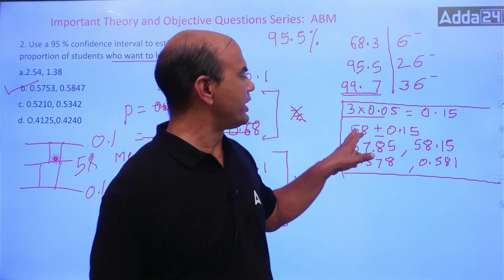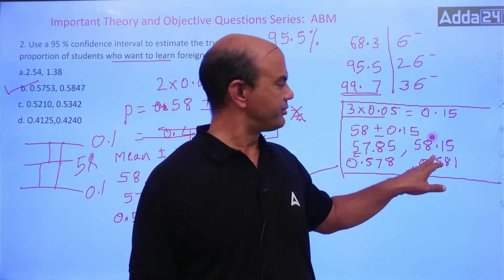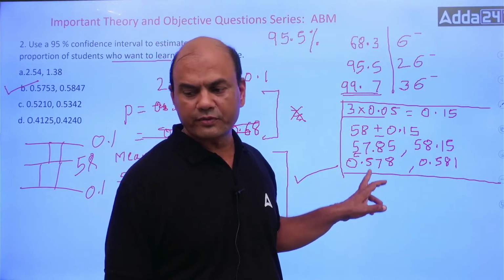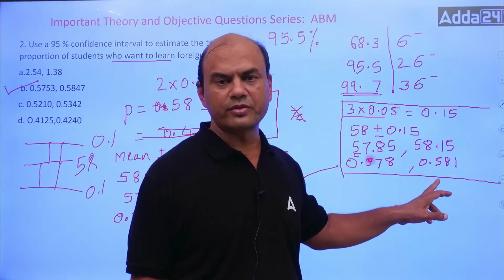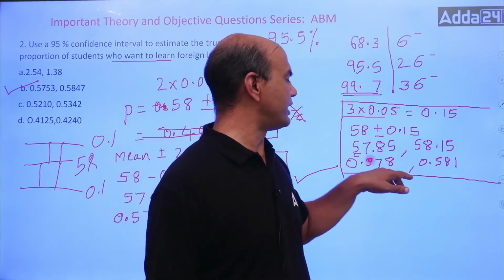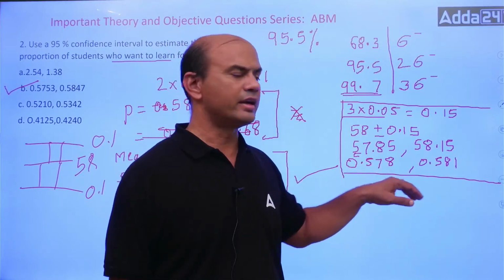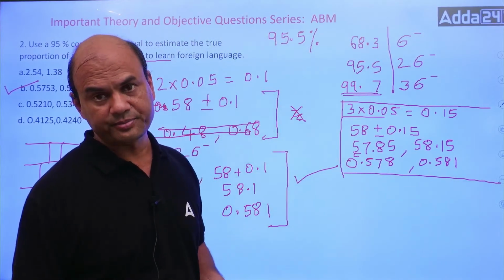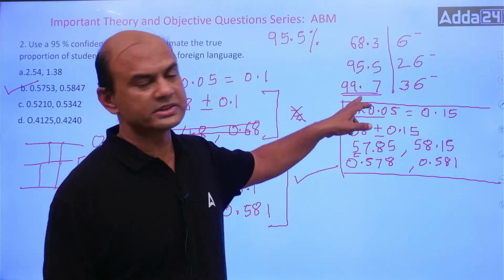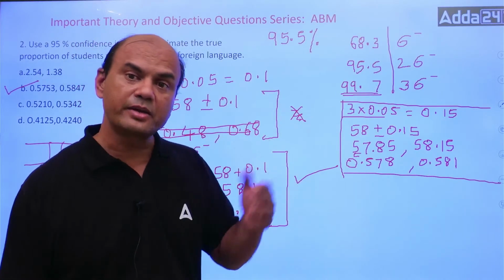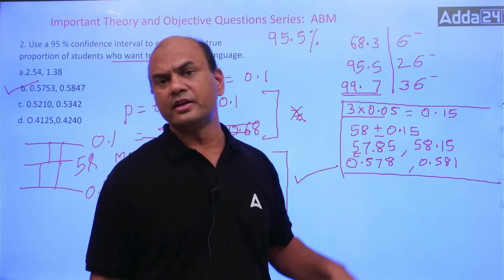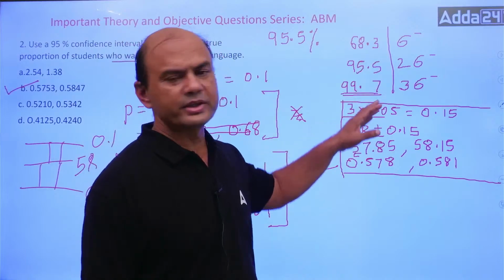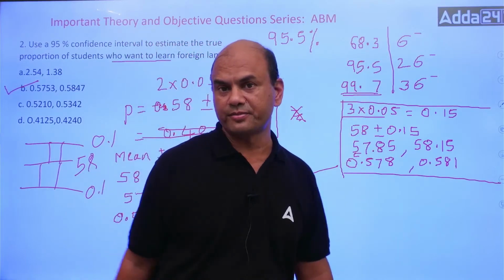So 58 plus 0.15 is the maxima, 58 minus 0.15 is the minima: 57.85 and 58.15. Divided by 100, you get 0.578 and 0.581. That is for 3 standard error, meaning 99.7% confidence. For 68.3, it is only a single 0.05: 0.05 up, 0.05 down.